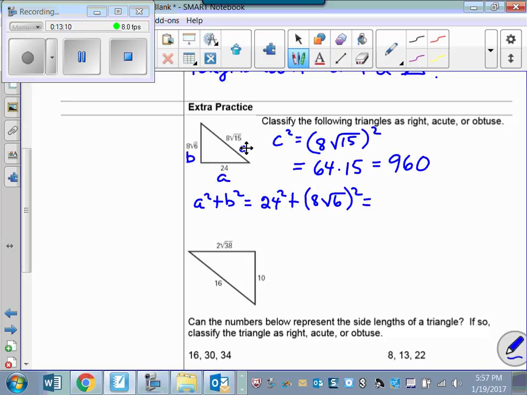So 24 squared, I think we just had that a minute ago. Yeah, that's 576. And this right here is going to be 64 times 6. 64 times 6 is 384. And when I add those together, I get 960. So what are we seeing here? That c squared equals a squared plus b squared. So we know we got ourselves a nice right triangle.